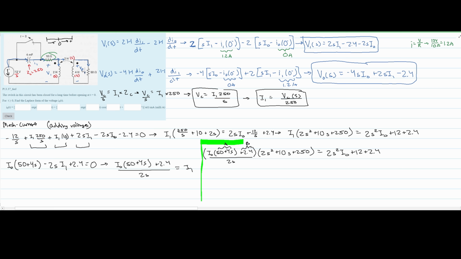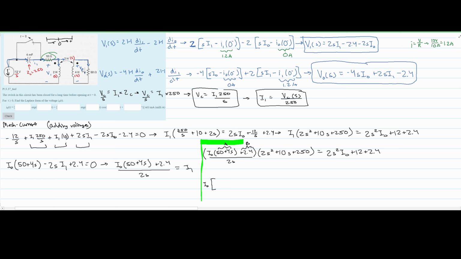So first off, we are going to have our I0, and we have this whole part together. Since we're doing this with our I0, we can just have the I0 factored out still. We have our I0 here, and in fact, if we wanted to, we could factor out a 2.